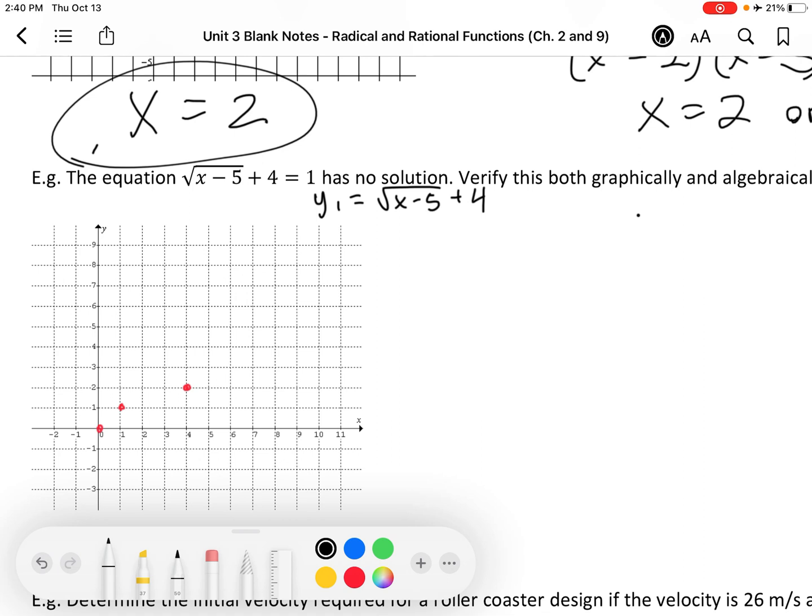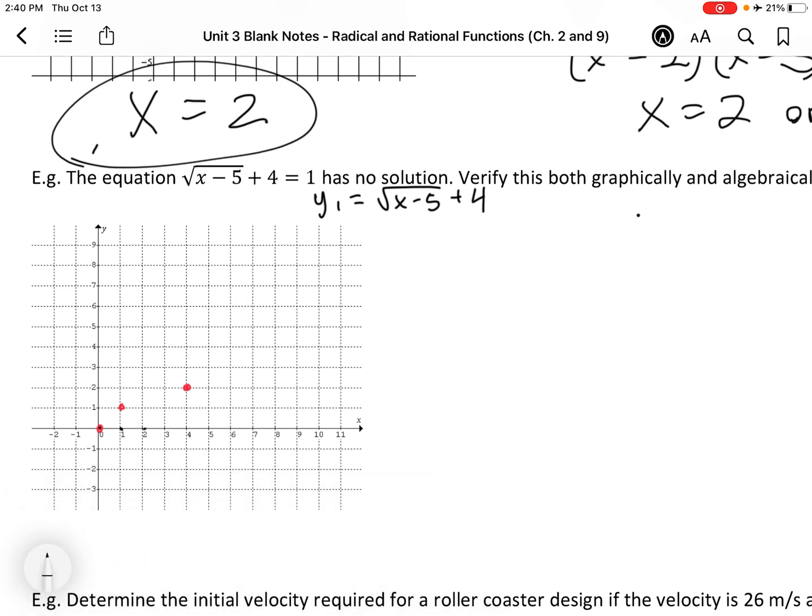I'm going to move those each 5 right and up 4. This guy, 5 right, up 4. And this one, 5 right, up 4. Okay, so there is my new graph.